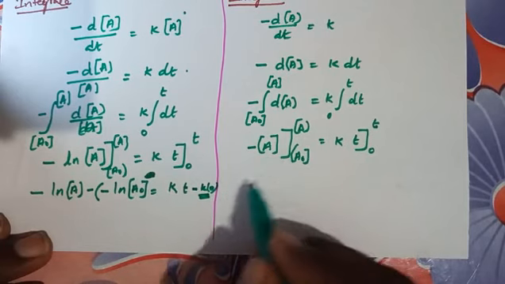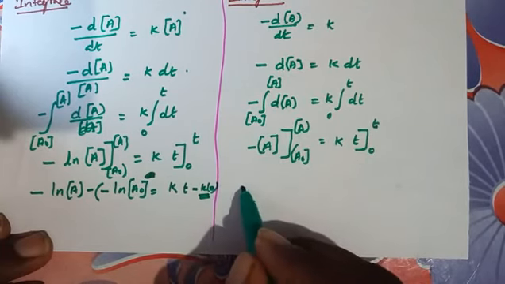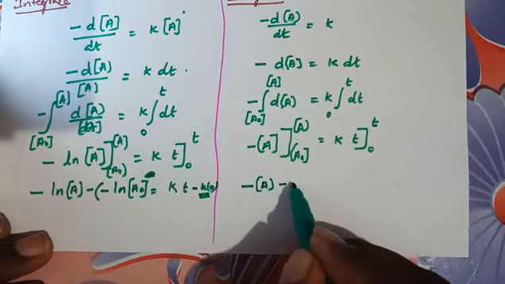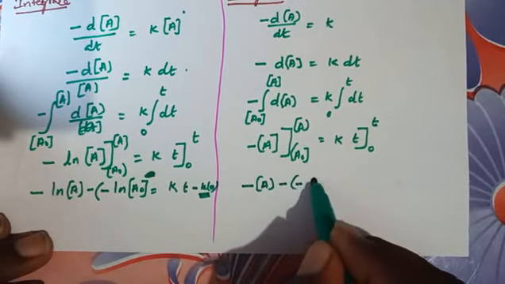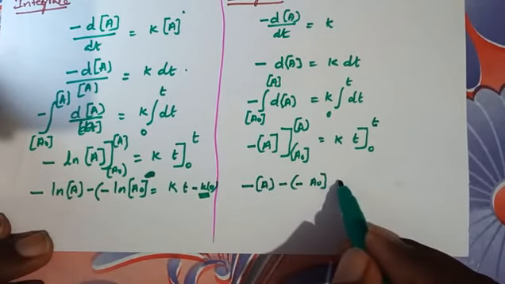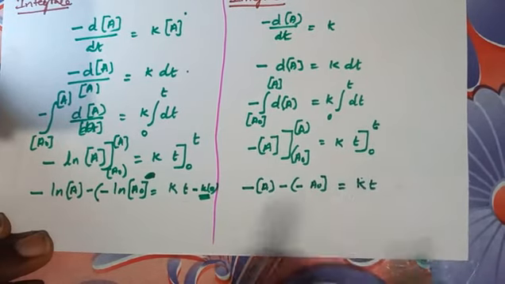In the same way here, applying time limits and concentration limits, minus of A concentration minus into minus of A0 concentration, which is equal to Kt plus 0.